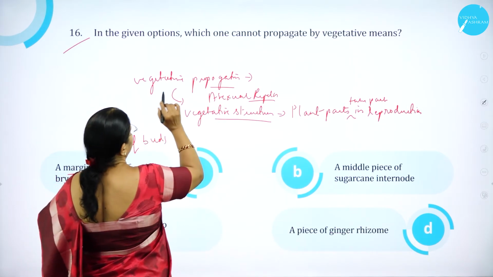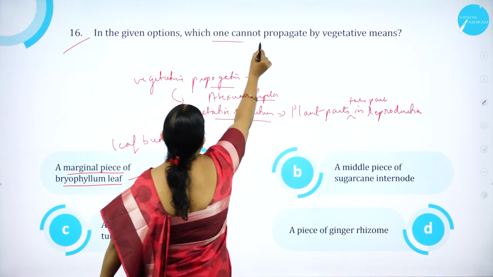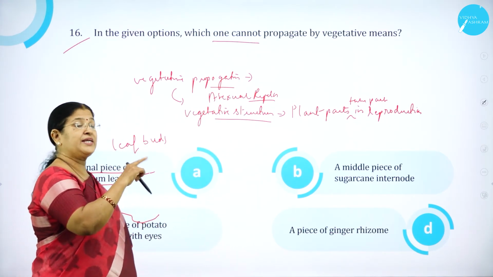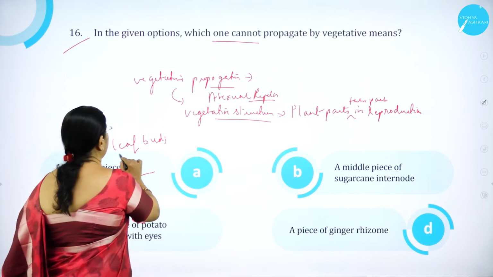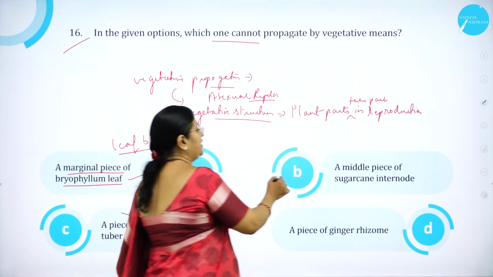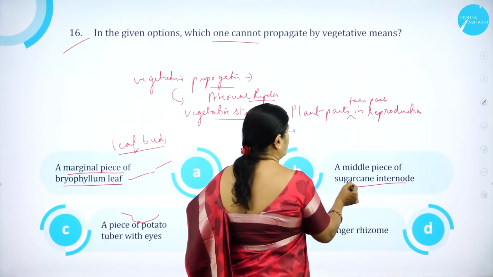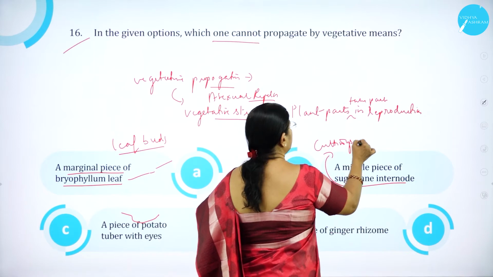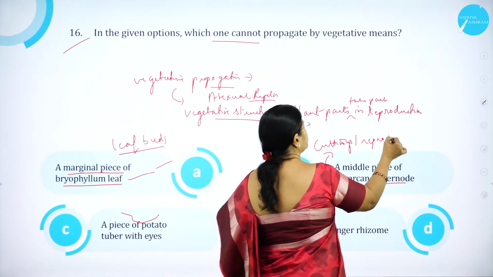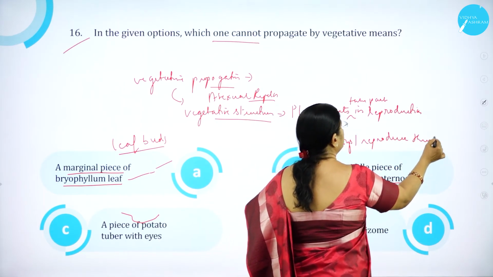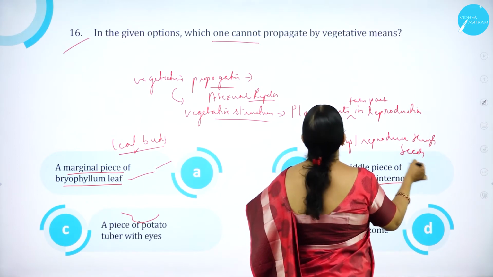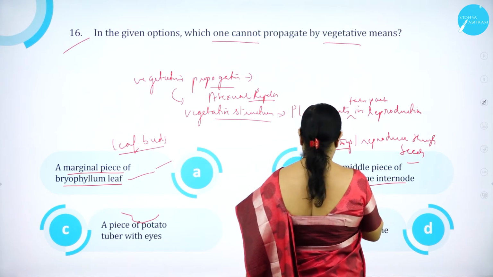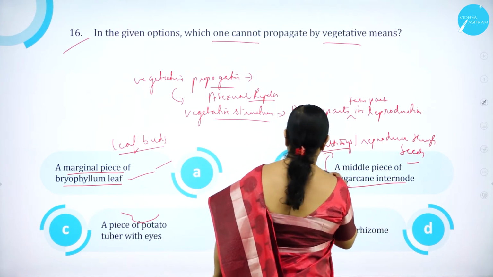Correct. What is our question here? In the given options, which one cannot propagate? This propagates by leaf buds. Correct. A middle piece of sugarcane internode? No. Sugarcane is reproduced either through cuttings or through seeds, so vegetative means no. Wrong, so it cannot.